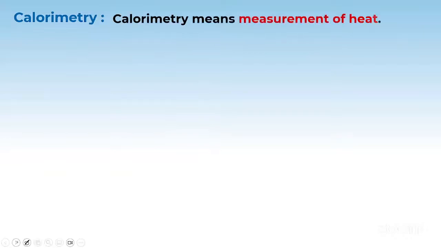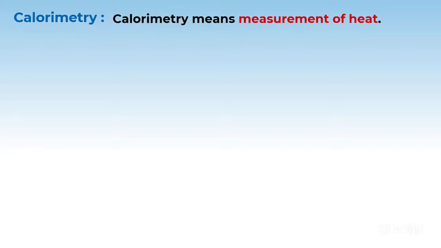Now what is calorimetry? Calorimetry is based on the measurement of heat. देखो, we measure heat in terms of calorie, and this is calorie plus metry, which means measurement of the calorie, and calorie we measure in terms of heat.